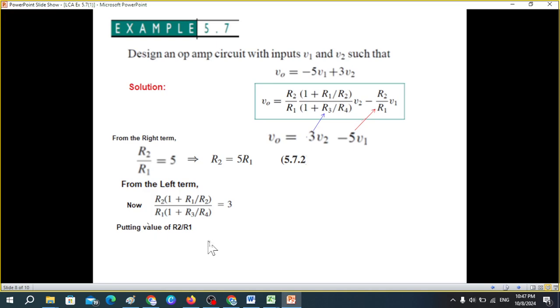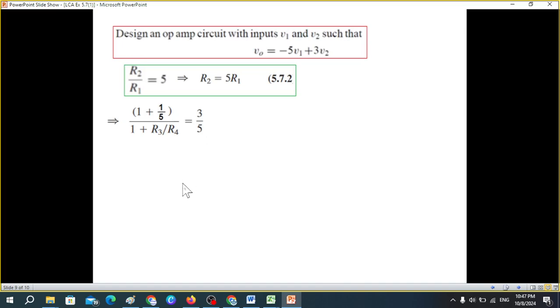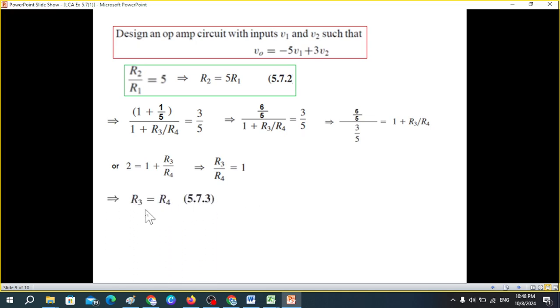So putting the value of R2 over R1, here we get 5, here we get 1 over 5. And then we move this to the right hand side. And further simplifying, it's 5. And from here we move this to the right and 3 by 2 to the left. So this will be equal to 2. And from here R3 over R4 is equal to 1. And so we can write that R3 is equal to R4.